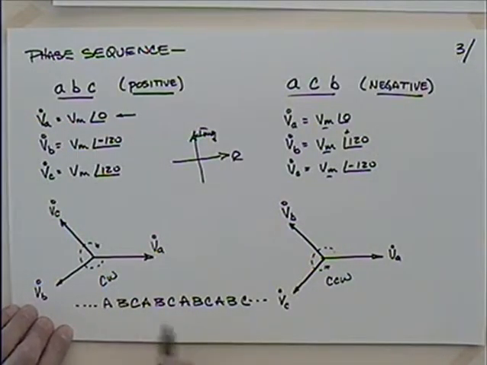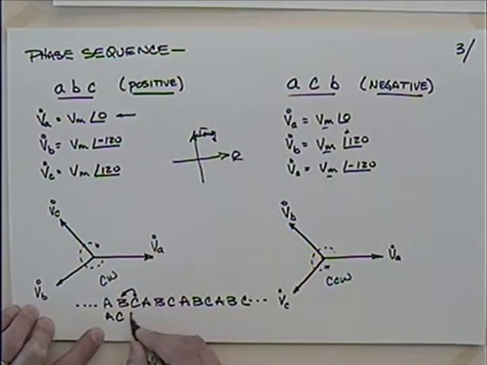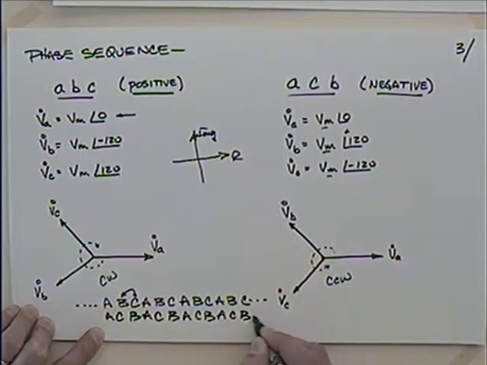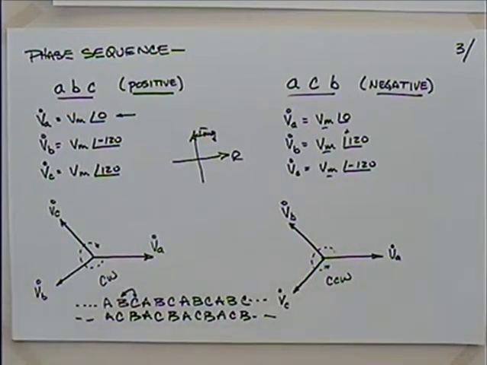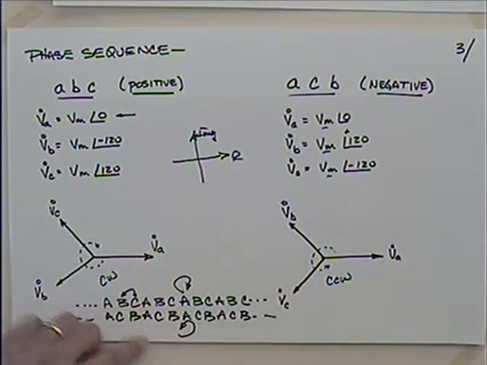If I switch any two of those, let's say I switch the B's with the C's, I'm going to have A, C, B, A, C, B, A, C, B, A, C, B. What have I done? I've gone from a clockwise rotation to a counterclockwise rotation. Or like they say in England, anti-clockwise? Whatever that is. I'm against clocks.